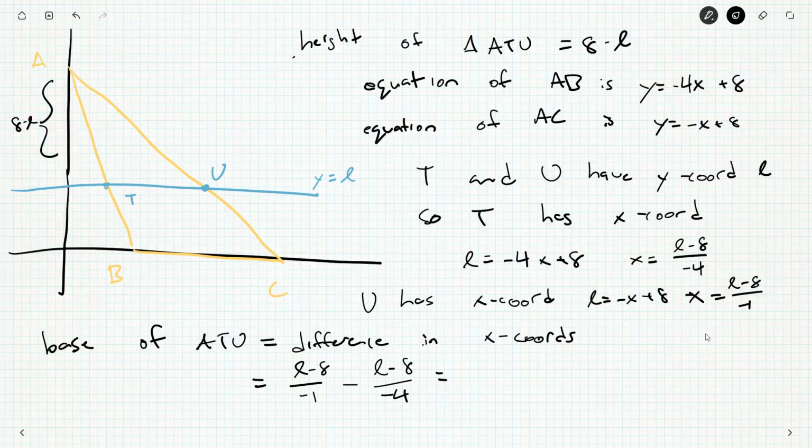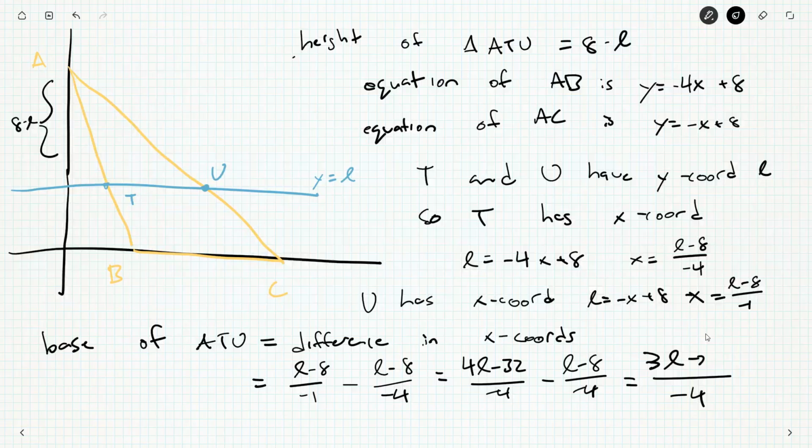Need to get a common denominator, so we're going to get 4L minus 32 over negative 4 minus L minus 8 over negative 4. 4L minus L is 3L. Negative 32 minus negative 8 is negative 32 plus 8. It's going to be negative 24. And I'm going to flip the minus sign up to the top, so it's 24 minus 3L over 4. Okay, that's the base of ATU. That's what we're looking at here.